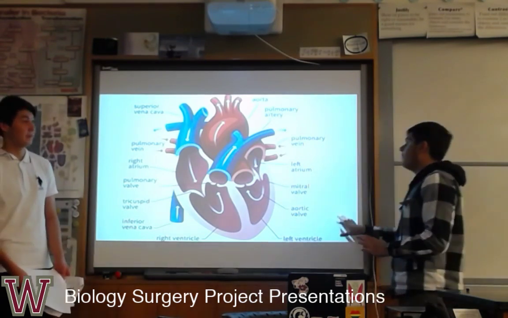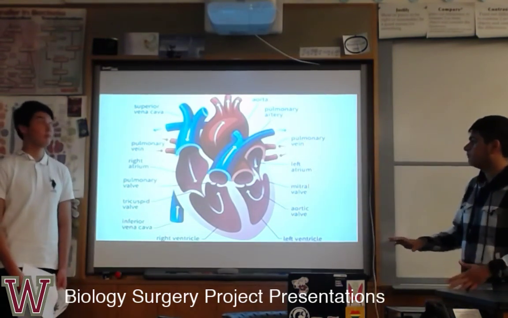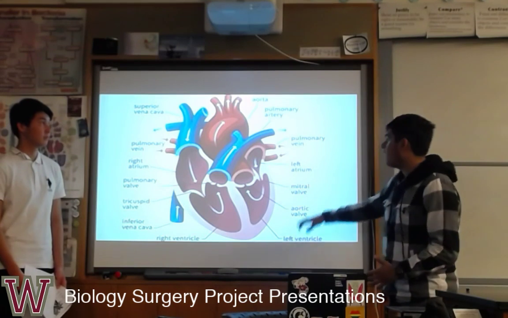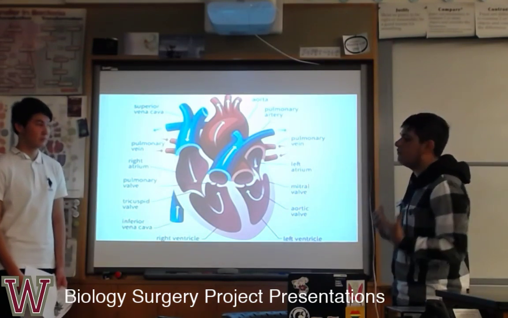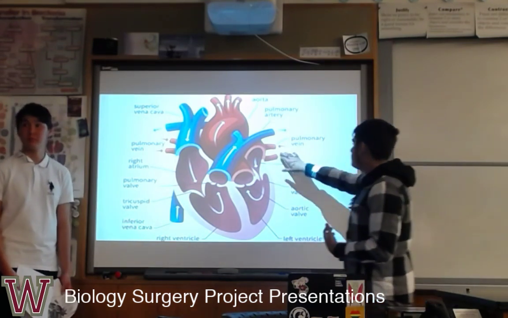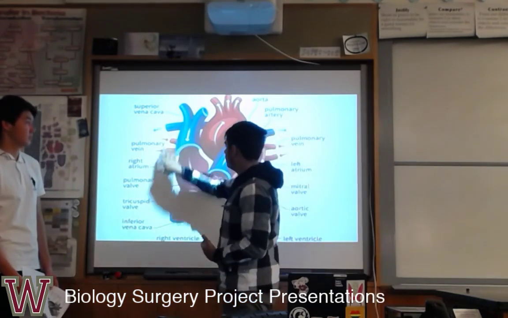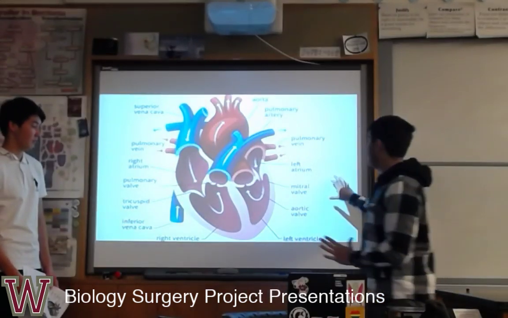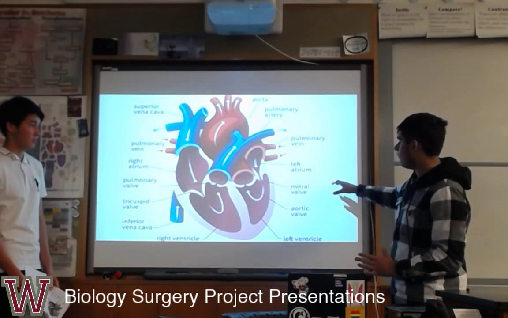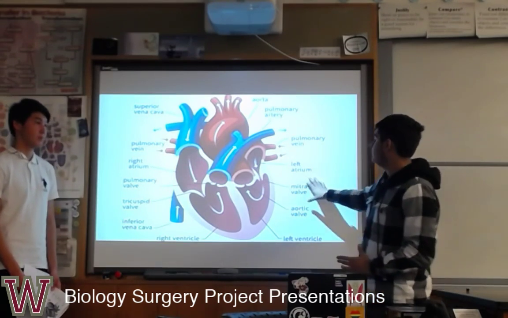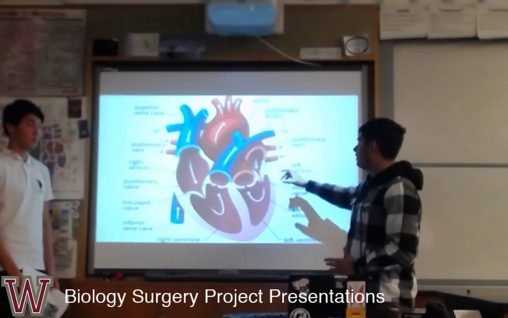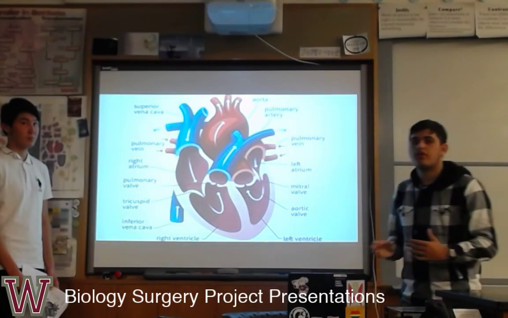So, about the heart itself, it has 6 main veins and arteries, which you can see here. They both circulate blood.